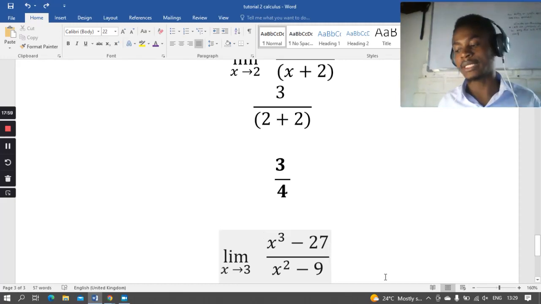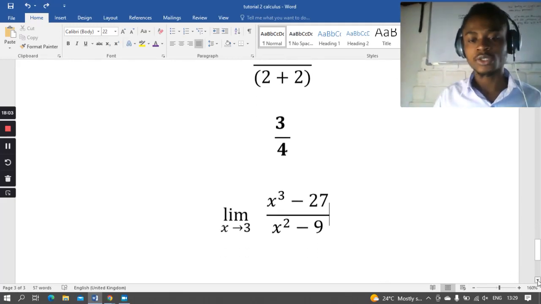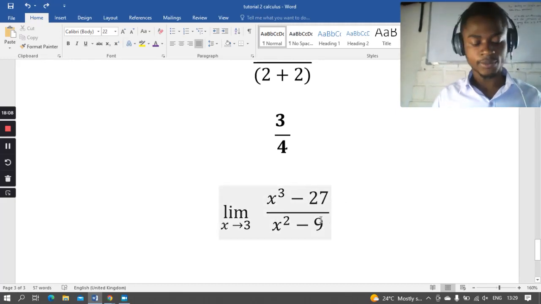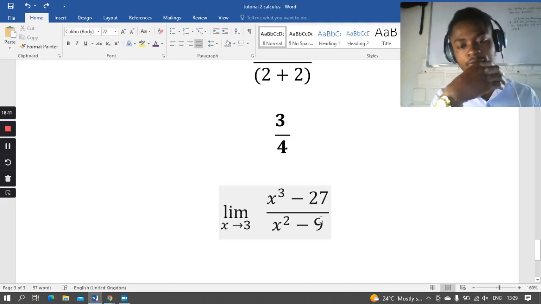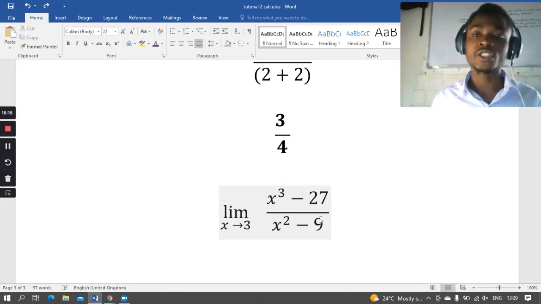Okay, so just like I said, for these problems, you just have to make sure that the expression doesn't become undefined. Sometimes you find that it can be a radical expression.